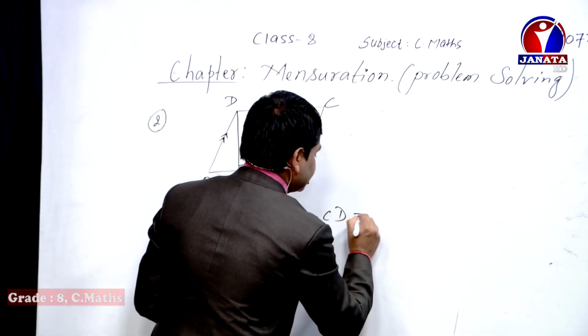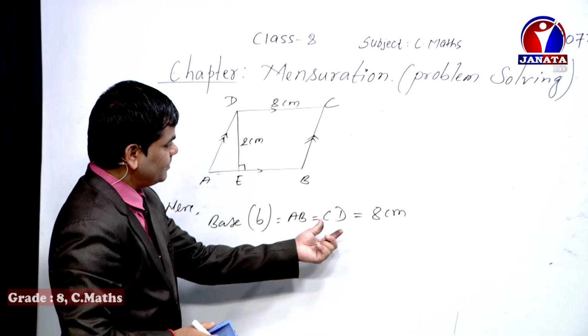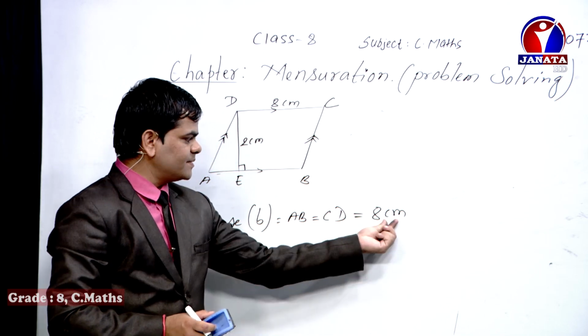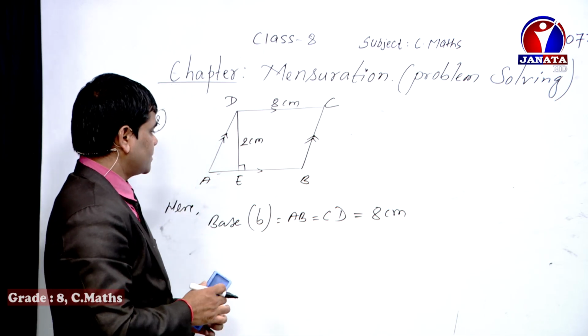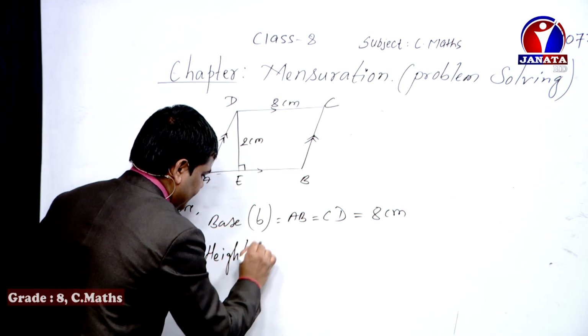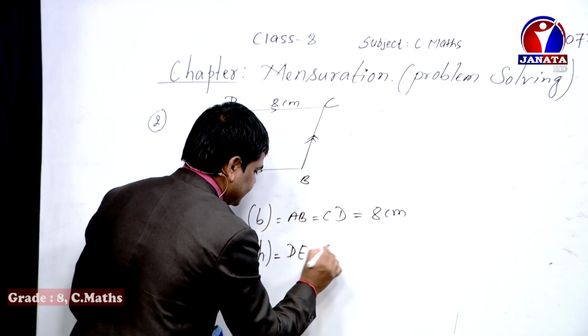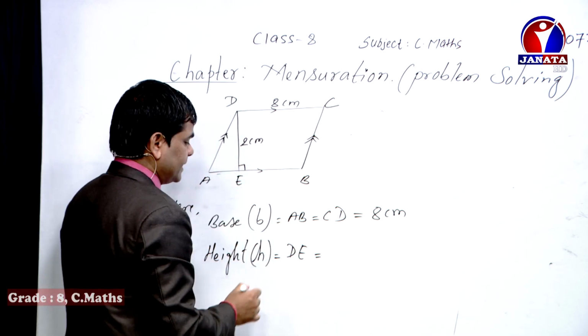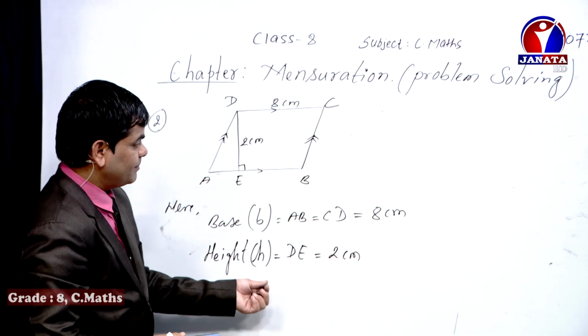So we can write equals 8 centimeter. AB is also 8 centimeter and CD's value also comes as 8 centimeter. And now the height H equals, what is the length? DE, isn't it? DE is given as 2 centimeter.